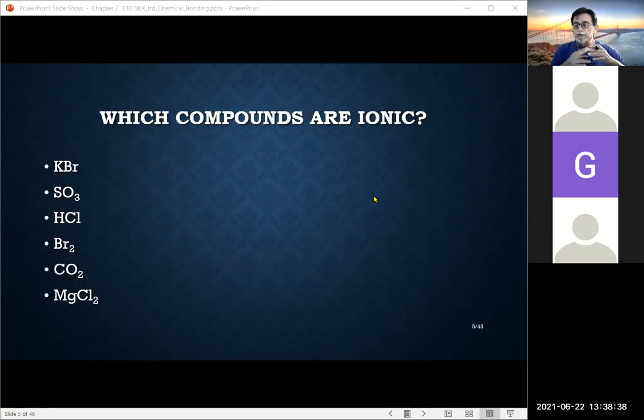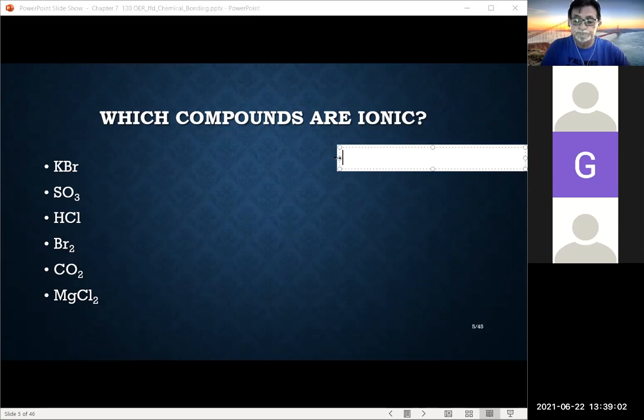So let's take a look at the first one. We have K and Br. Let's get the names on them so we can start practicing. Anybody want to name that first one? Potassium bromide. That is correct.